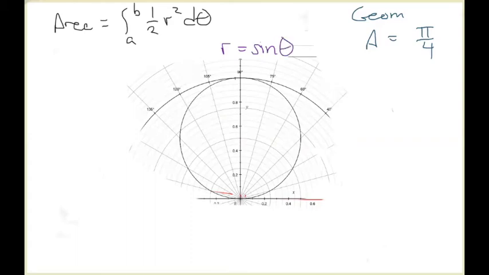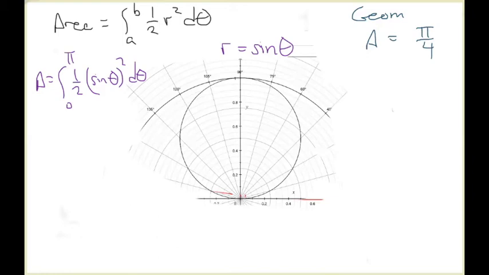Our area of the entire circle is going to be the integral from 0 to pi of 1/2 sine theta squared d theta. You can do this on your calculator, but in the ebook they're going to ask you for an exact value, so your calculator's not going to cut it.